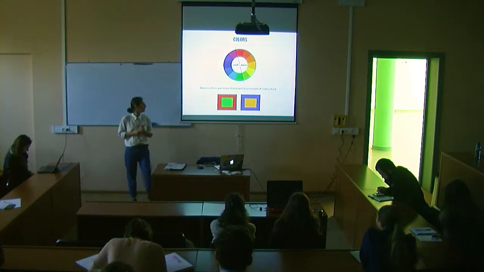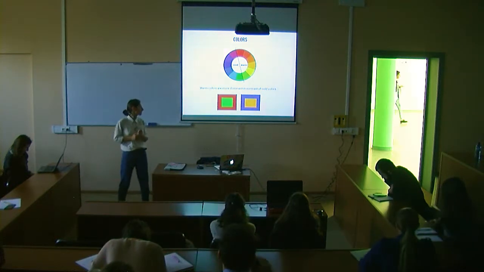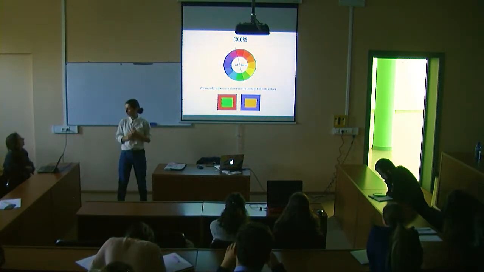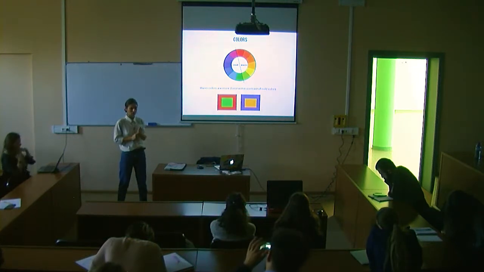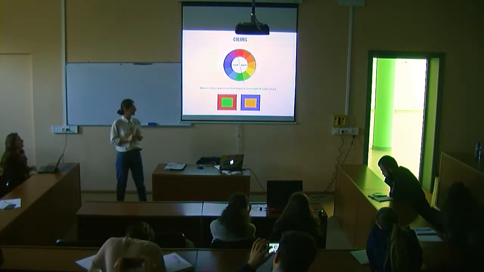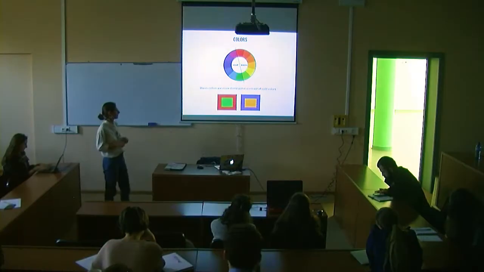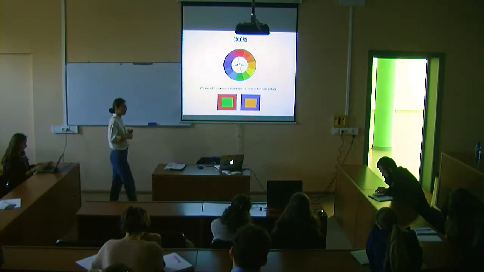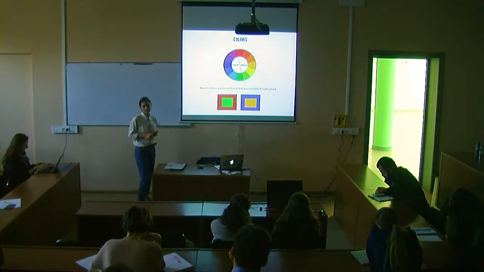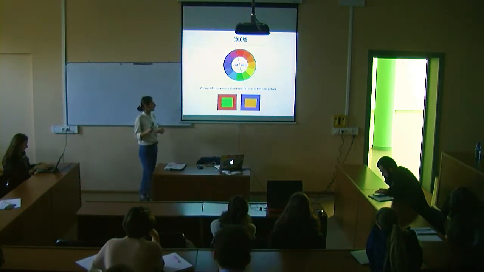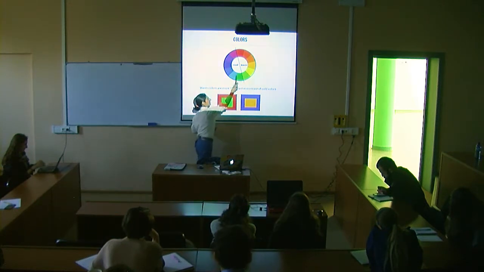So, you know, in colors, there exist cool colors and warm colors. Warm colors are closer to the sun, like red, yellow, orange, and cool colors are closer to night, like blue, like green, but it depends on the shade of green, actually.